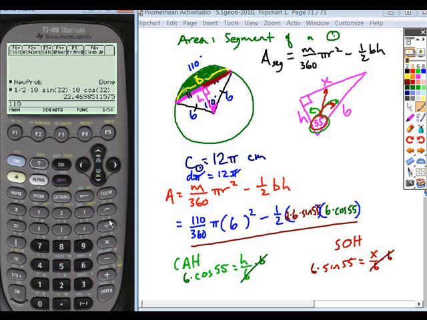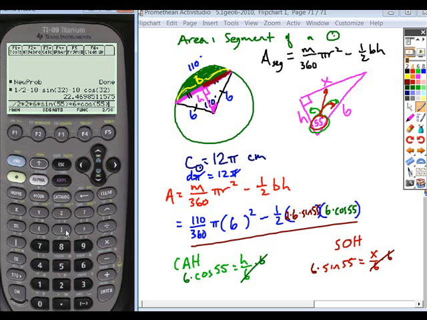So 110 divided by 360 times pi times 6 squared minus 1/2 times 2 times 6 times the sine of 55, all times 6 times the cosine of 55. Again, all I've done is copied down my entire calculation.